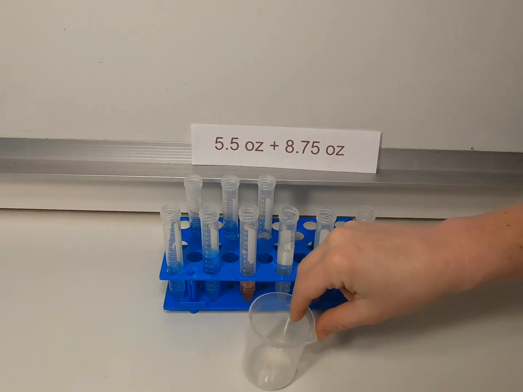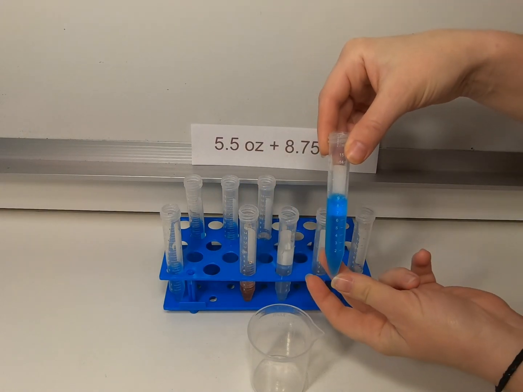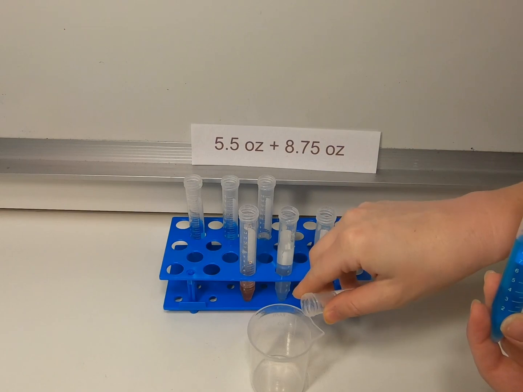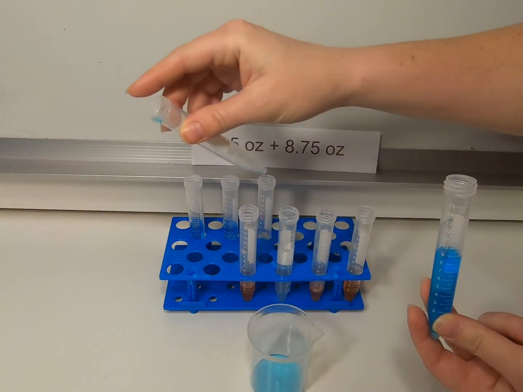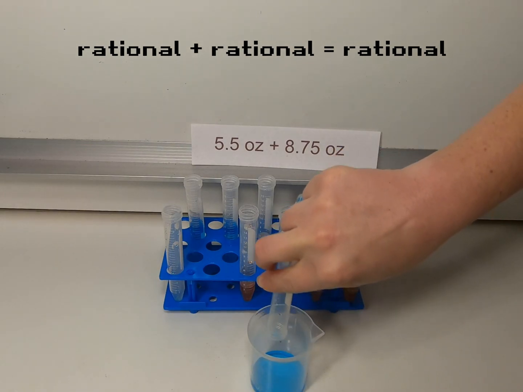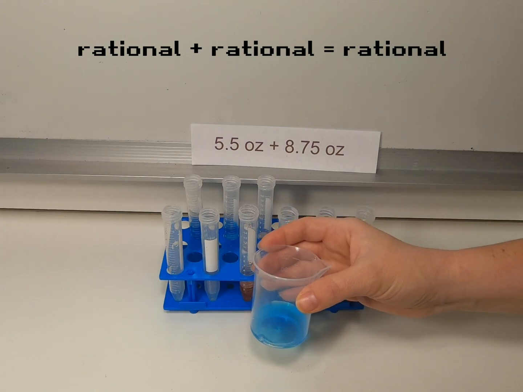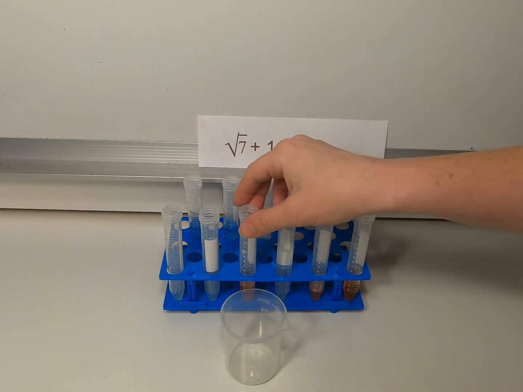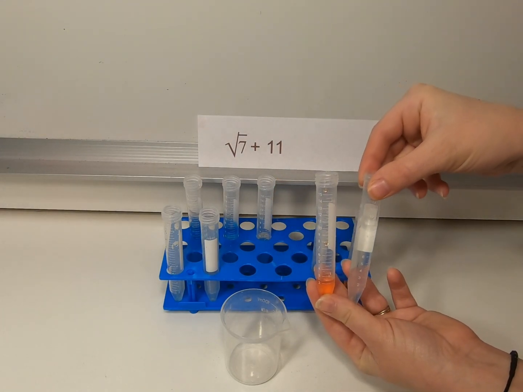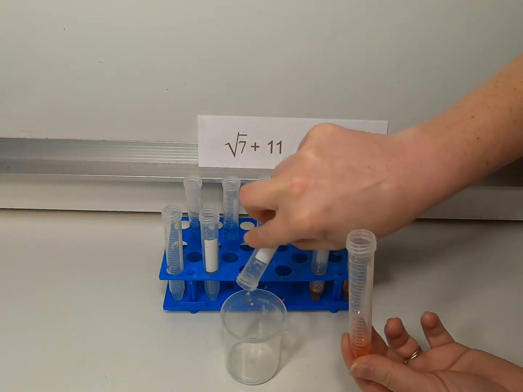I have here two examples of these rational numbers. I've dyed it blue so that you can see it easier, and it represents a rational number. When you add, you are combining two groups together. So here is a rational number plus a rational number poured together, rational answer. Okay, here I have the square root of 7 plus 11. The square root of 7 is an irrational number, so I've dyed it red. 11 is just plain old water.